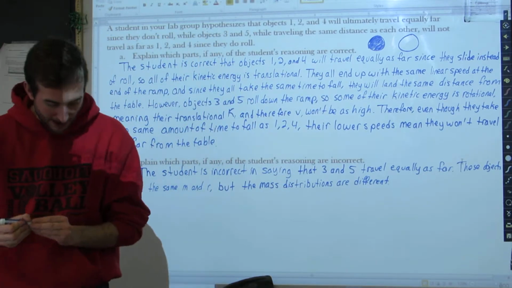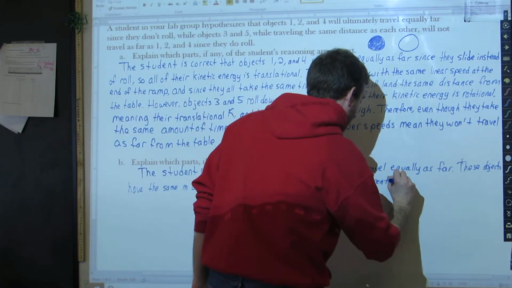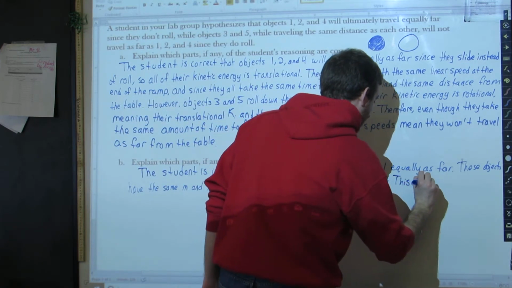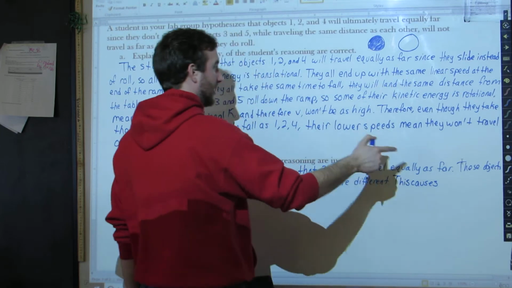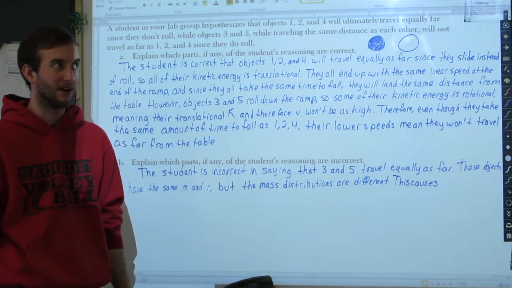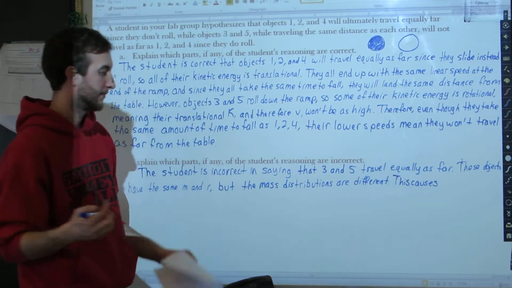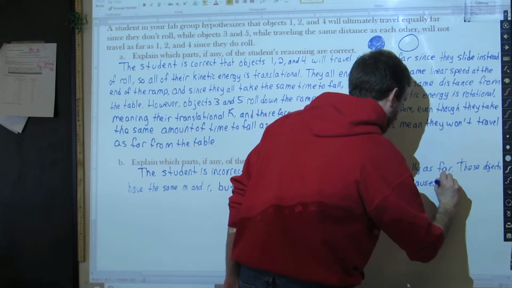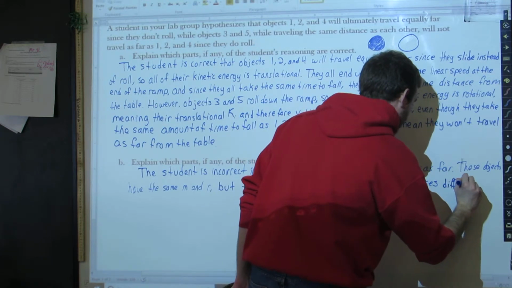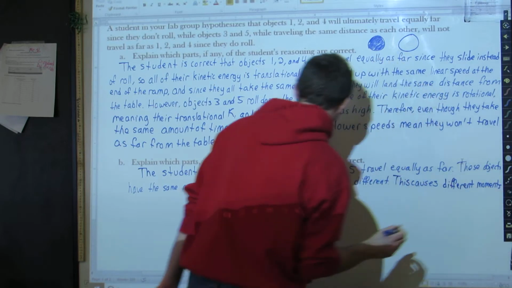So because their mass distributions are different, this causes, even though mass and the radius are the same, the coefficient part of the moment of inertia to be different. Okay? So this causes different moments of inertia.